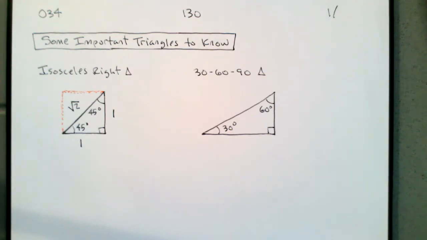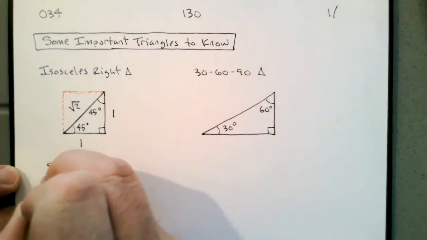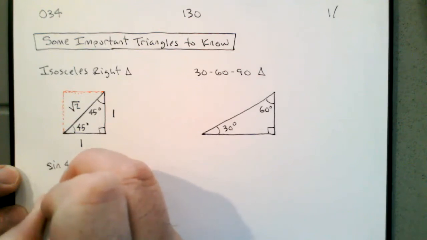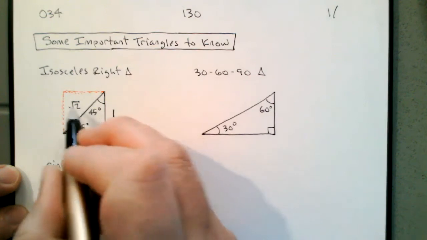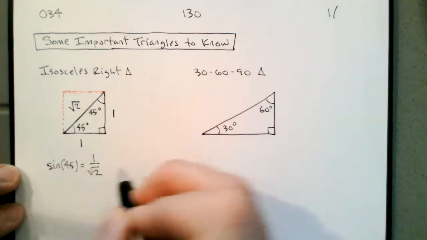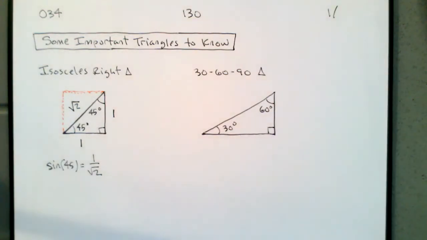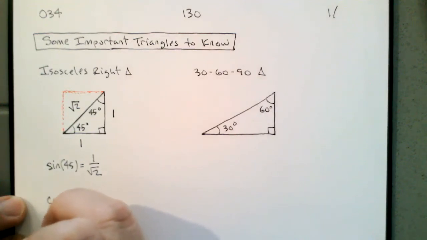So here are some values that we're going to have to remember. The sine of 45 is opposite over hypotenuse. So 1 divided by the square root of 2. The cosine of 45 is adjacent over hypotenuse.